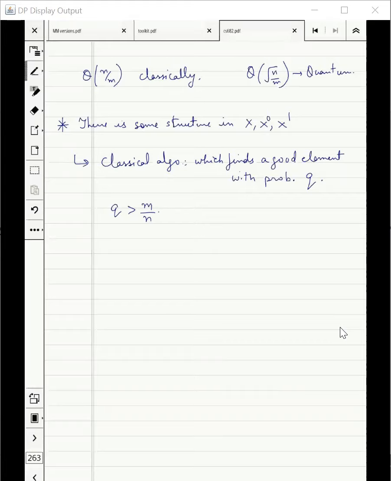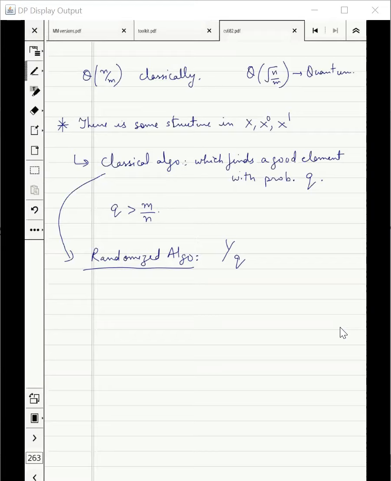If that is the case, how many times should this procedure be repeated to get a randomized algorithm? Remember, a randomized algorithm should succeed with a constant probability. And anyone except Saya, how many times should I repeat this to get a randomized algorithm? 1 by q. Like we repeated it 1 by p times if the success probability was p, now we have to repeat it 1 by q times.